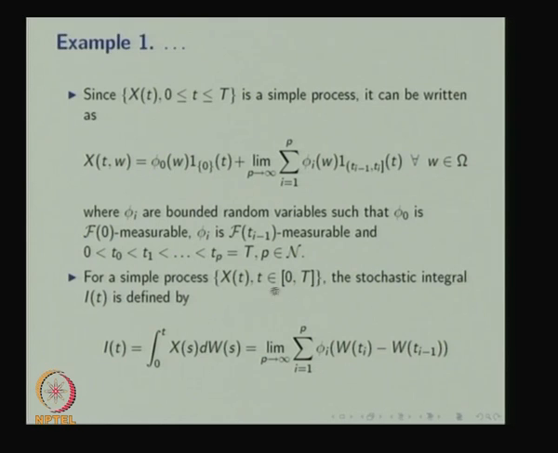So for a simple process X of t, the stochastic integral I of t, that is the gain or loss, is the integral from 0 to t of X of s dW_s, which is the limit as p tends to infinity of the sum i equals 1 to p of psi_i multiplied by the differences of W. In this limit, the first term of the above equation, psi_0 times the indicator function, does not contribute anything, since W_0 is equal to 0.